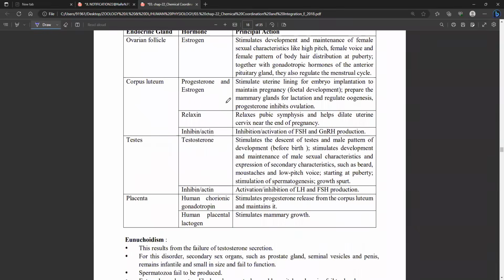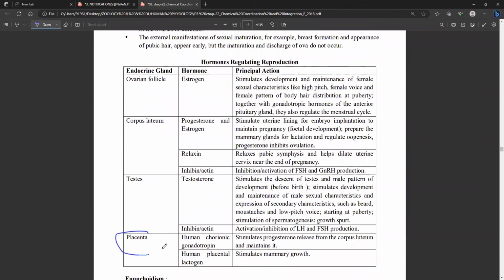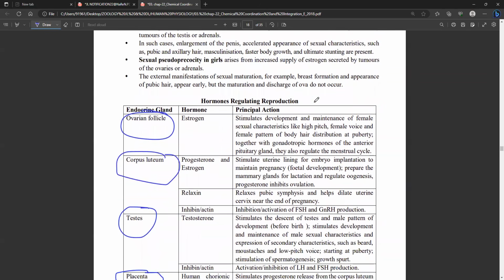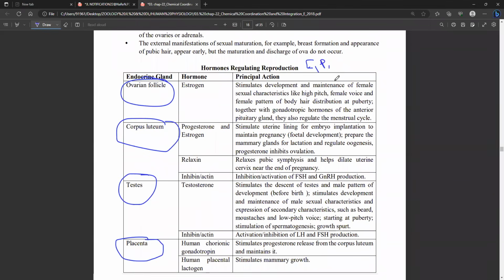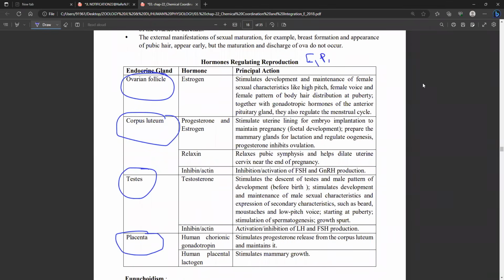So I want you to read what hormones are released from the placenta, testis, corpus luteum, and ovarian follicle. Many times asked questions in the exam are estrogen, progesterone, human chorionic gonadotropin (HCG), and HPL, human placental lactogen, which is responsible for mammary gland growth.